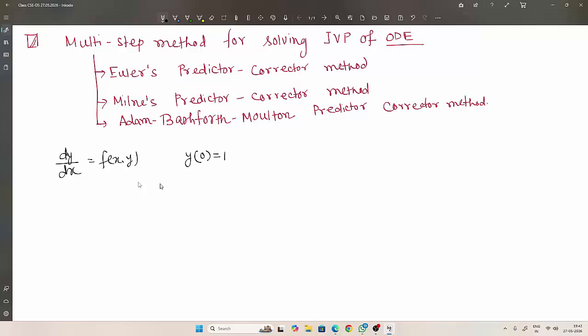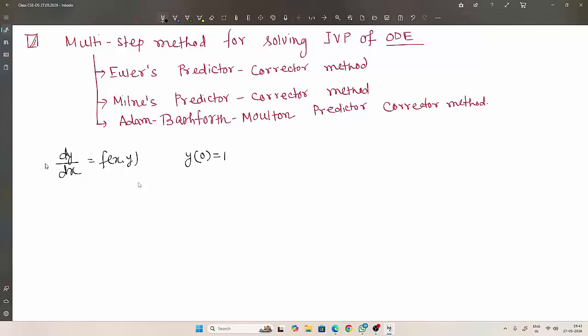This one value is not sufficient to operate a multi-step method, because to find the next value, we will use many previous values. Many means, like in the Euler's predictor corrector method, for the corrector part, it will use two values together. In Milne's predictor corrector method, at a time, it will use four previous values. So that's why we need some more values here for the ODE.